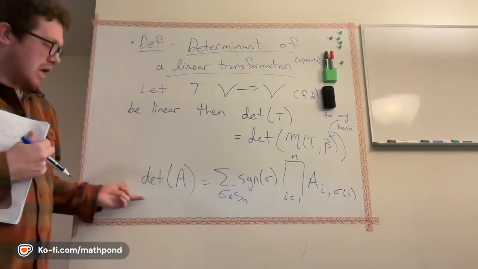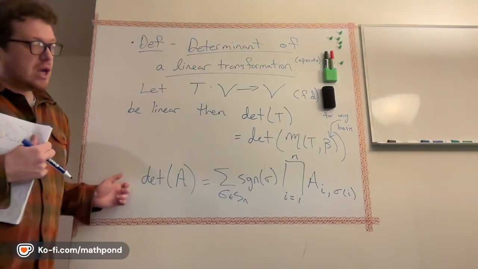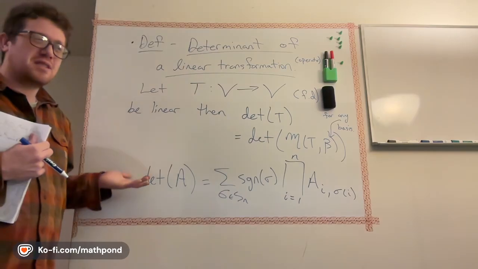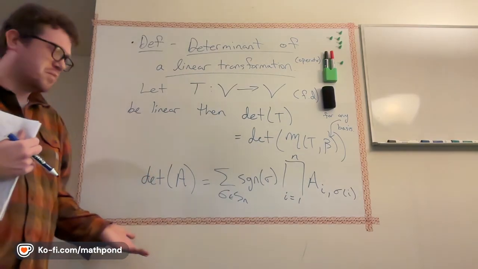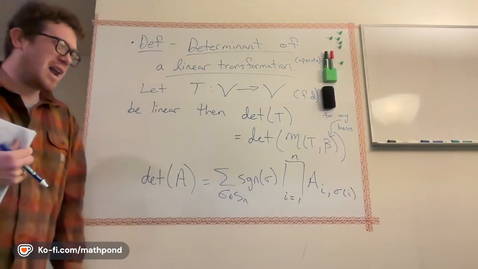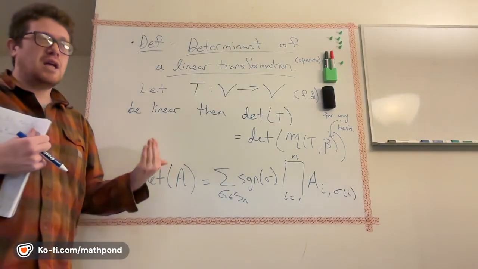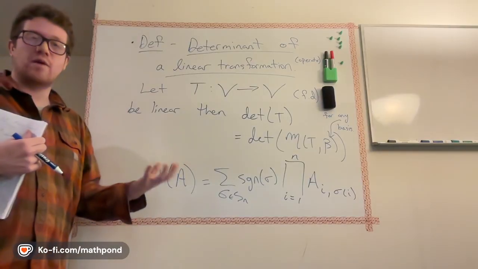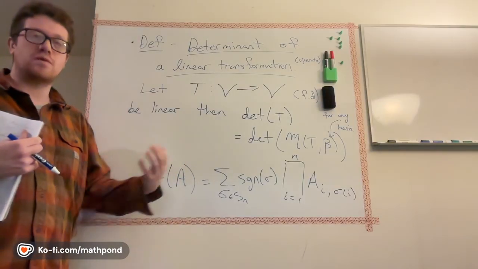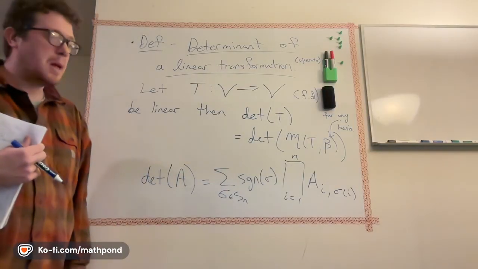There's also a recursive definition using cofactor expansion, which I think is maybe useful for 2x2, 3x3, and 4x4 matrices, but anything over that, I would just use the multilinearity property and your reduced row echelon form operations, and you can use those to recover the determinant, and you don't need to use this definition.